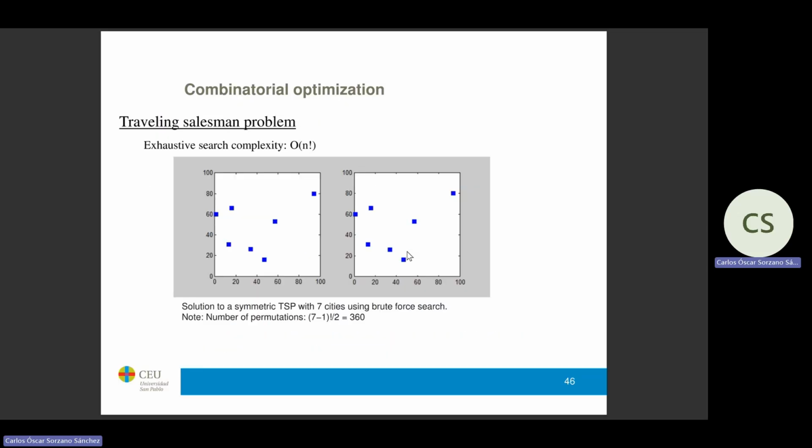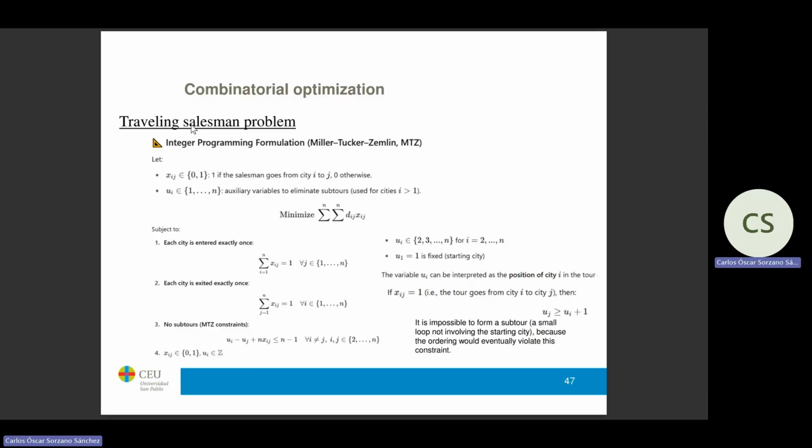Actually, I think we have here the comparison with the traveling salesman problem, where all these constraints that we mentioned, each city is entered once, and you exit the city exactly once. You could formulate it like this if you formulate it in a generic integer programming framework.